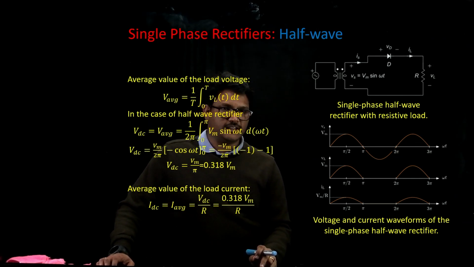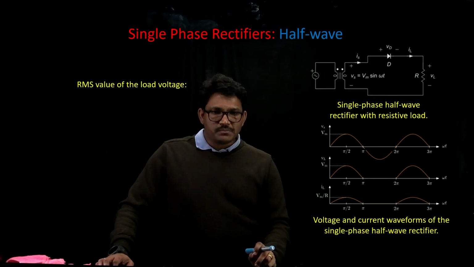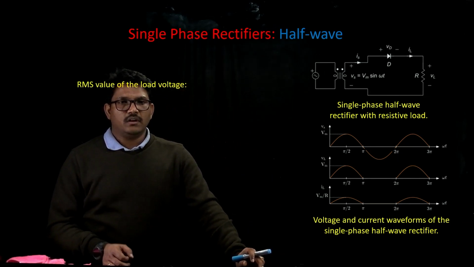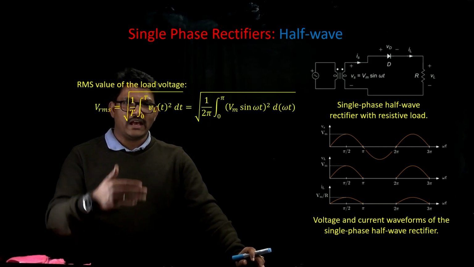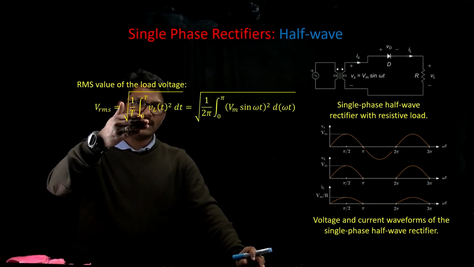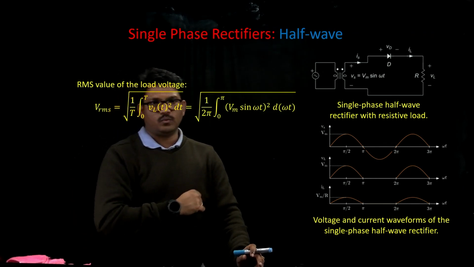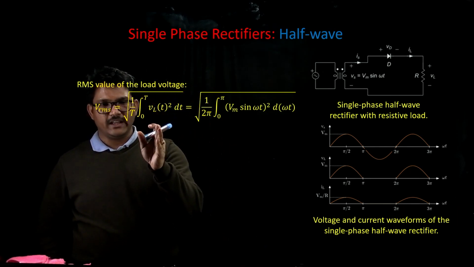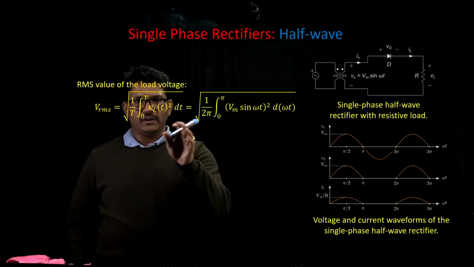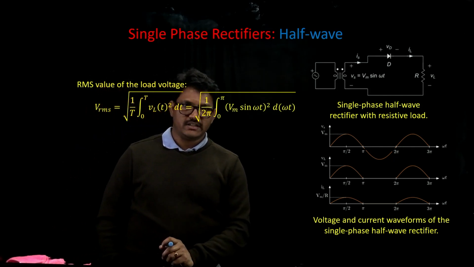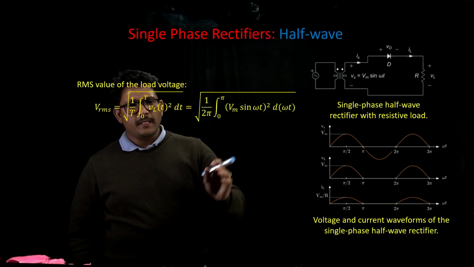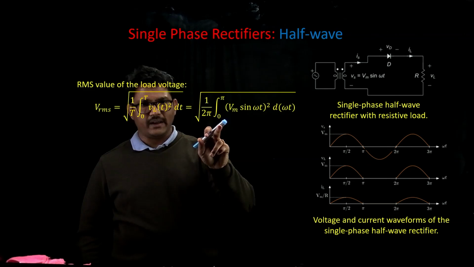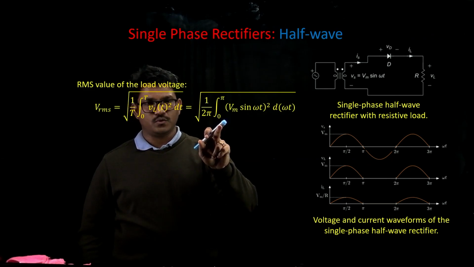When it comes to the RMS value of the output voltage, it is root mean square. So we have the square root, the mean, and the square of that is what we consider. Root and mean is 1 upon T, the square of the load voltage VL of t. When you find the mean, again the same as the previous case, it is 1 upon 2 pi, because the duration of that voltage is 2 pi.